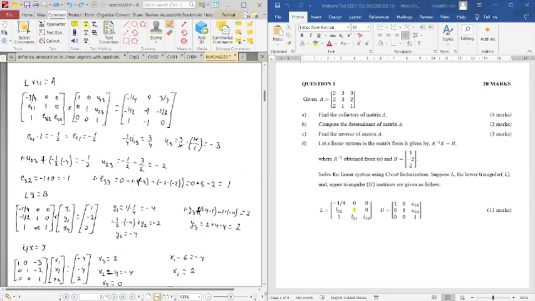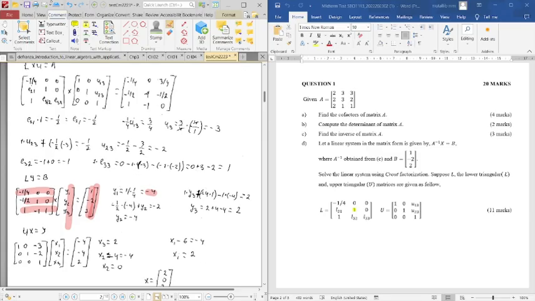So we're just gonna multiply our lower triangular times Y equals our B. I calculated this, and to find Y1, we multiply this by this and we get negative 4, and for Y2 we multiply this by this and we get negative 2, and for Y3 same, we multiply this by this and we got 2.